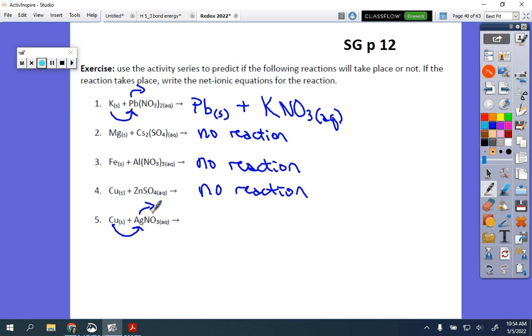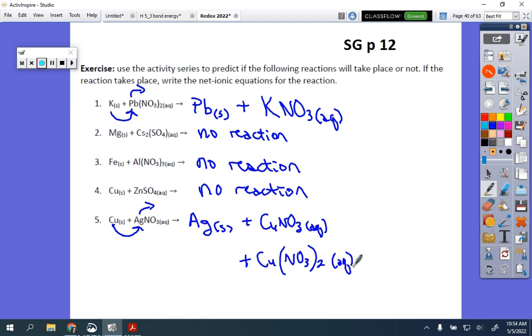In answering this, they probably wouldn't put that on a quiz. Lead is in the same boat, but in this problem it wouldn't matter because the lead is going to be by itself. It's not making an ion. Here, where our copper is forming an ion, it is very unlikely that they would put that as a question. But a possible answer would be Ag solid plus CuNO3 aqueous, or it could be plus Cu(NO3)2 aqueous if this was a +2 copper.